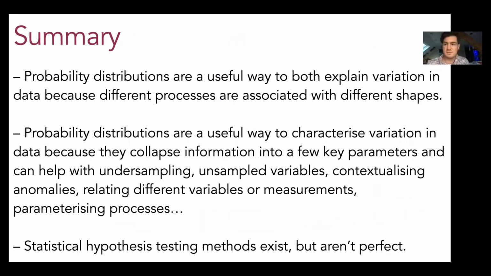I just wanted to say that probability distributions are a useful way to explain variability in data, because different processes are associated with different shapes, but also that they collapse information into a few key parameters, so they can help with all kinds of things like undersampling or parameterizing processes, and that we have statistical methods for doing this. So from that, I'll close and I'll take questions.